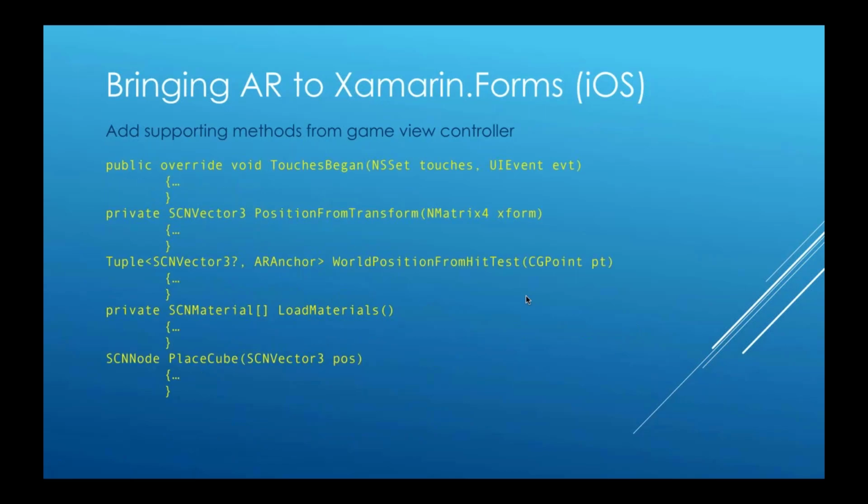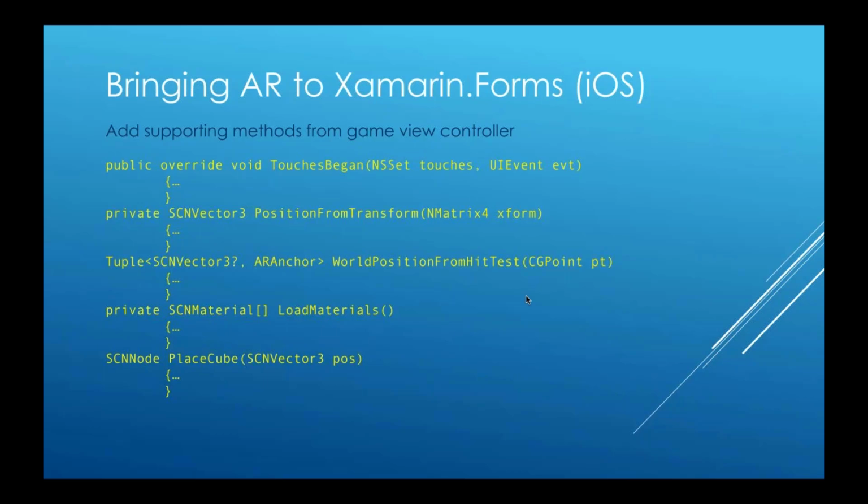And we have to obviously add the supporting methods, like for handling touch events, touches began, for establishing our position in the world, for setting our anchors and doing hit testing. In this particular demo, the reason they load these materials is because they're loading texture maps that render on a cube.